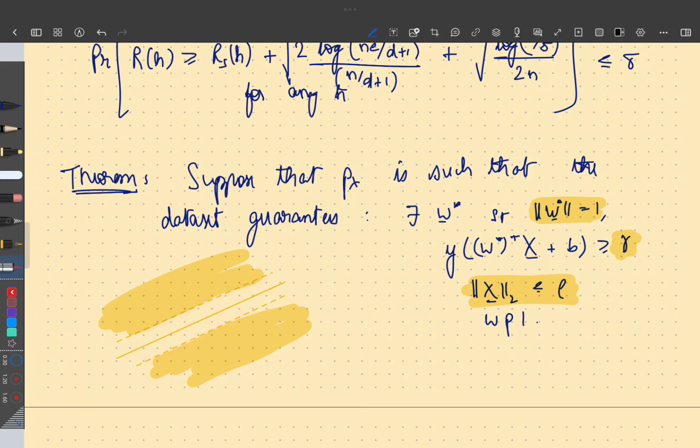Okay. Gamma can be any positive real number, but all of the guarantees that we give are with respect to gamma and rho. These are parameters that are given to us.